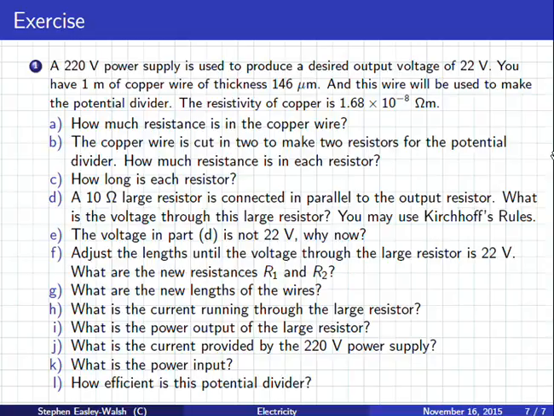Okay, can I go on? If there's no external resistance, then you have this formula. V out equals R2 over R1 plus R2 times V in.